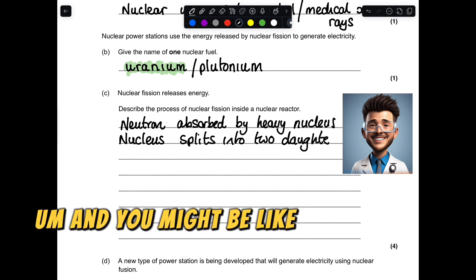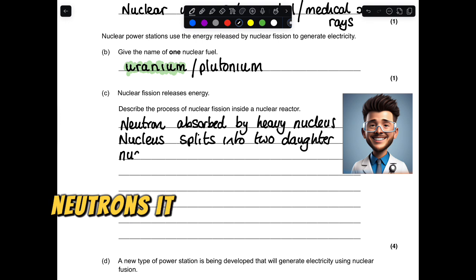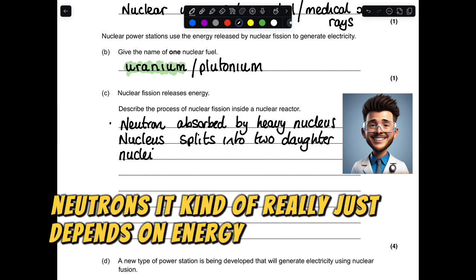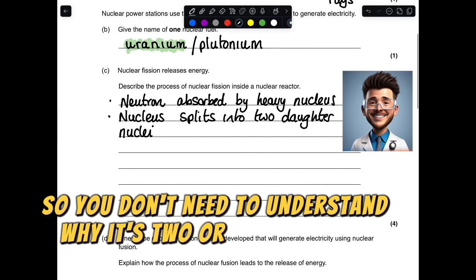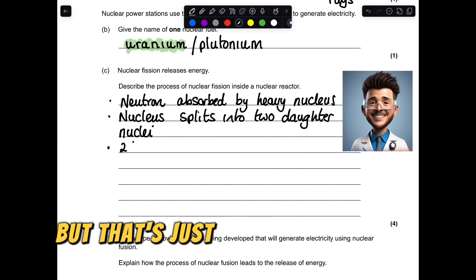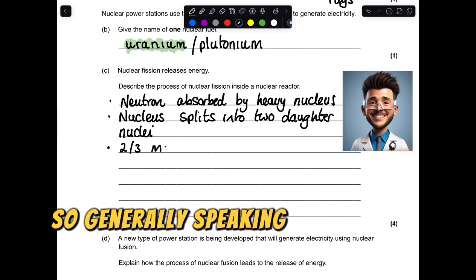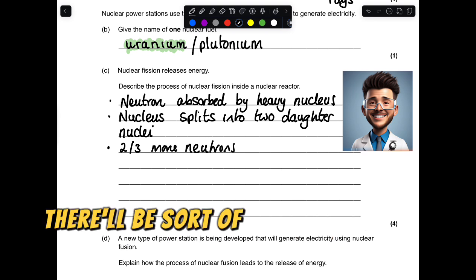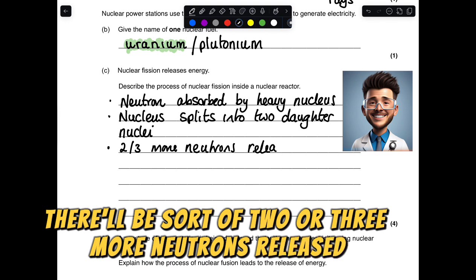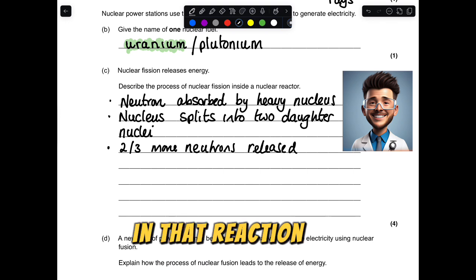And you might be like, well, why is it 2 or 3 more neutrons? It really just depends on energy distribution. So you don't need to understand why it's 2 or 3 neutrons, but that's just what you write. So generally speaking, within a nuclear fission reaction, there'll be 2 or 3 more neutrons released in that reaction.